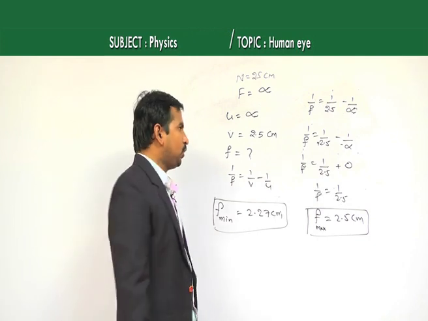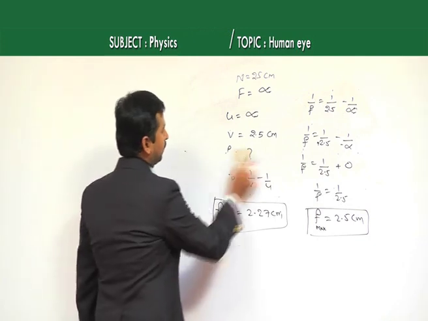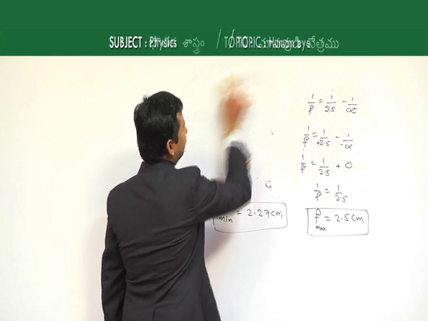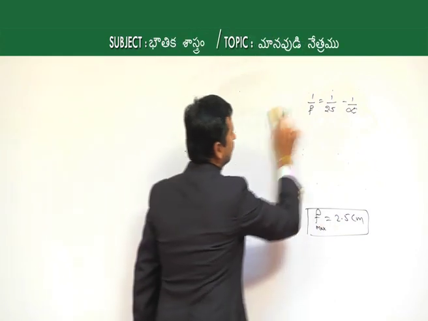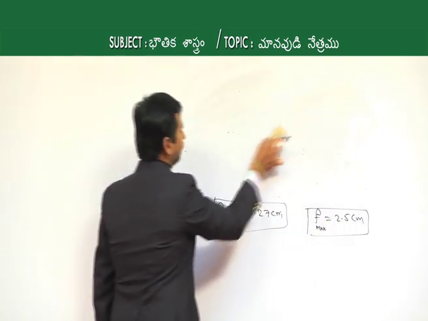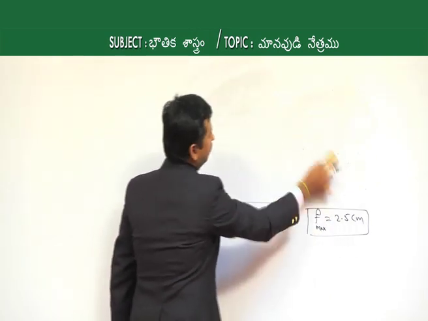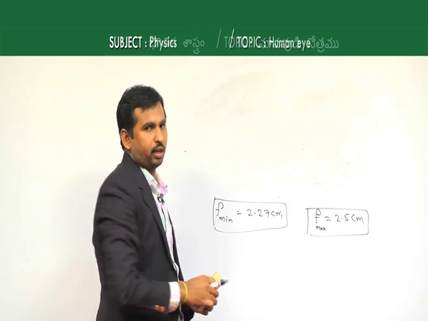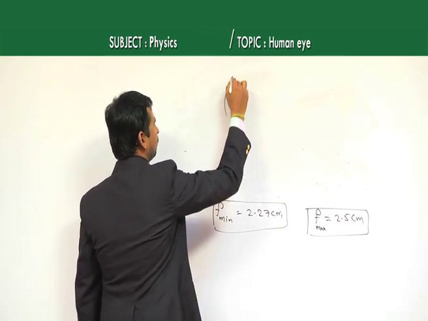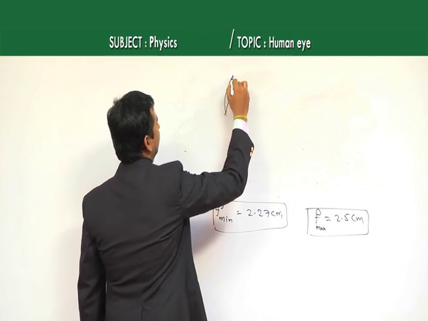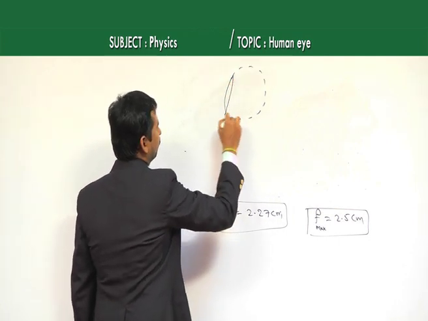Now let us see the ray diagram for the formation of image in clear vision. Clear vision means we have no problem seeing the object, whether it is at a near distance or a far distance. Assume this is our eye lens and this is the position of the retina.